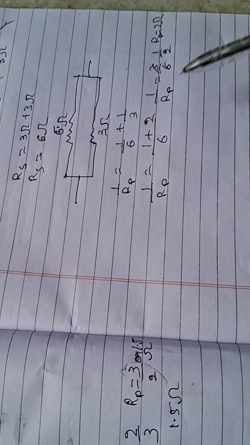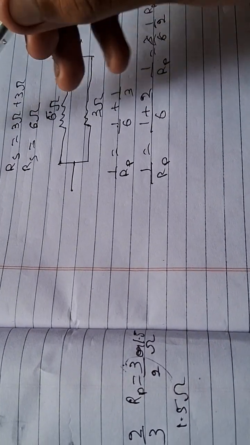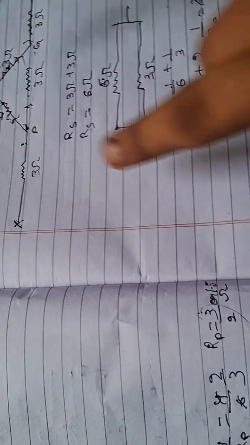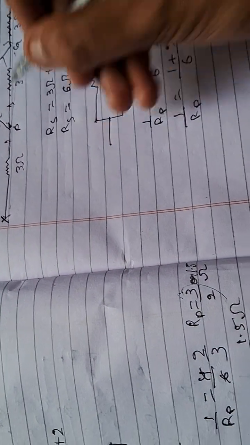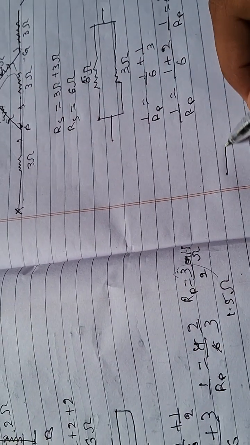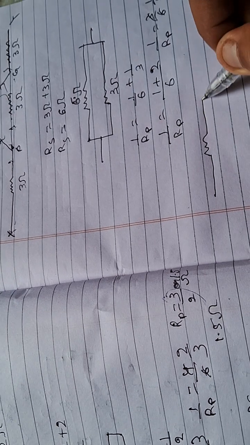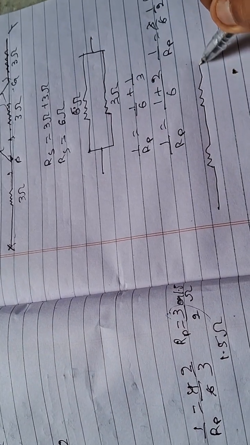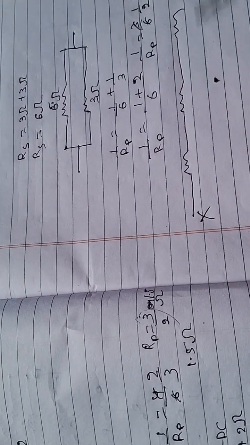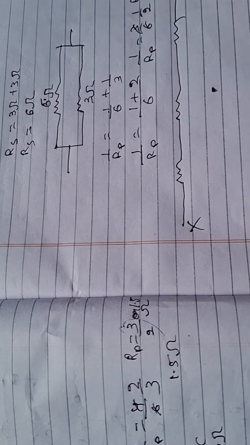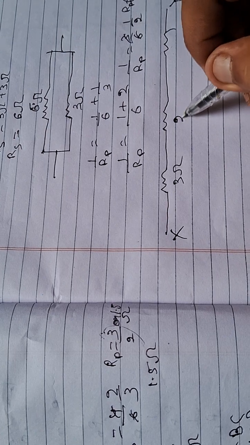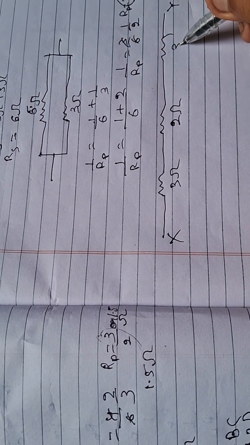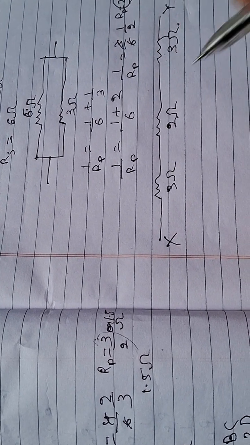Okay, now since this is 2 ohms, here we have evaluated the whole of this as 2 ohm. For better understanding I will draw your diagram again. 3 ohms, and we have simplified this as 2 ohms, again 3 ohm. 3 plus 3, 6 plus 2, 8.